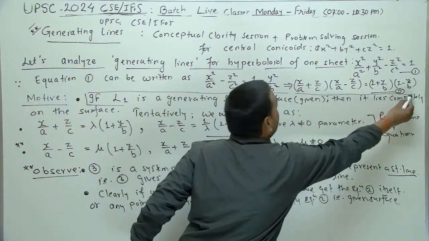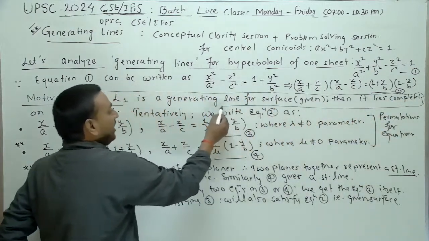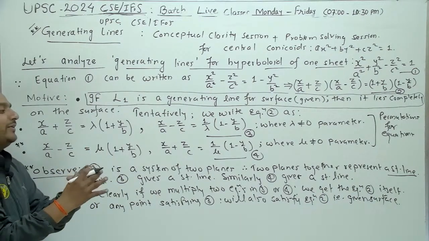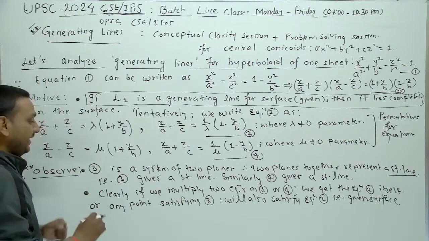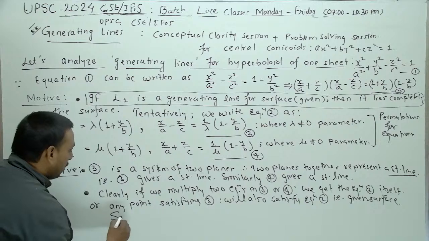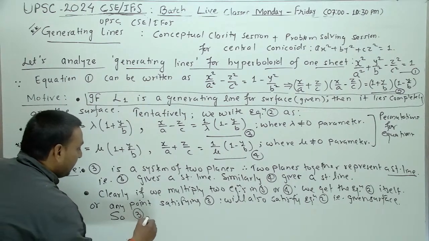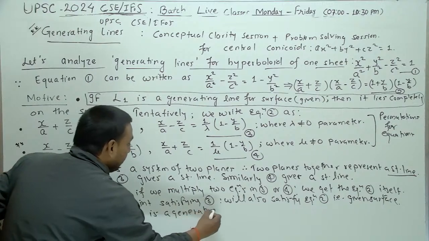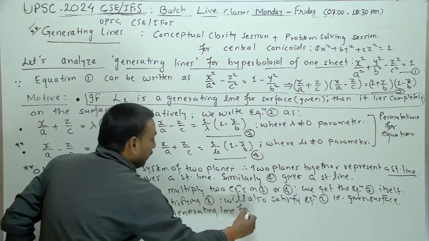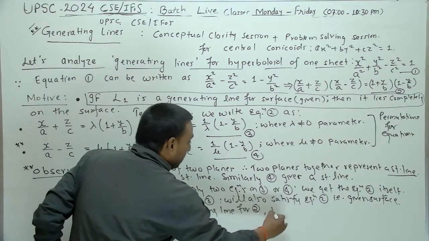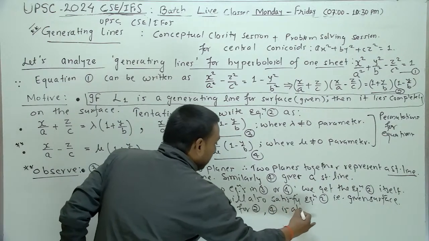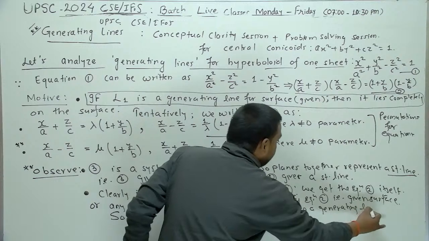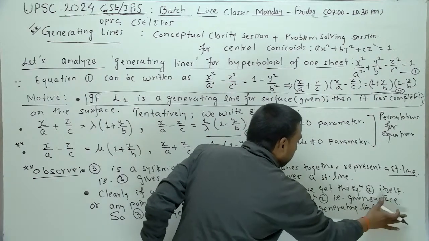If you have a line L1 which lies completely on the surface, then that line will be called a generating line. So 3 is a generating line for 2, and 4 is also a generating line for it.